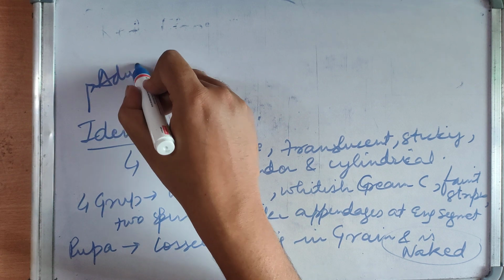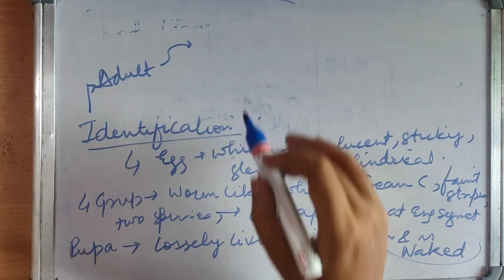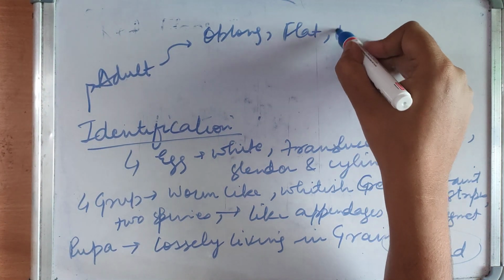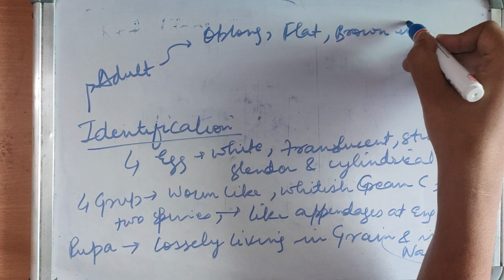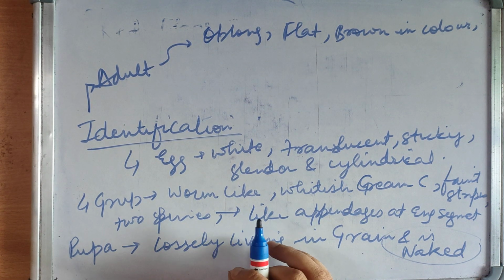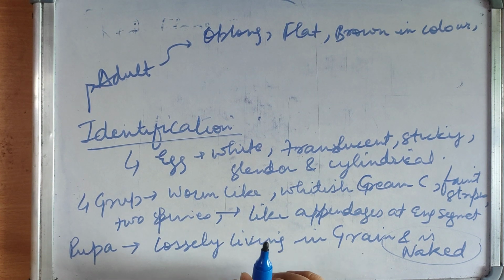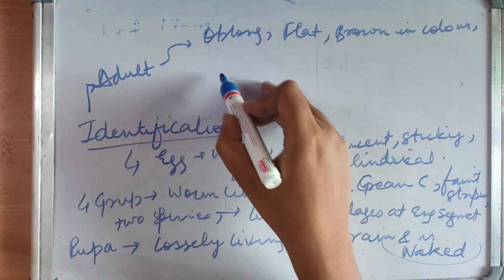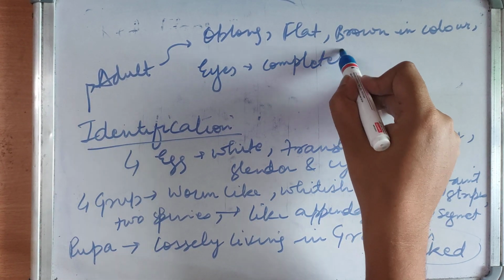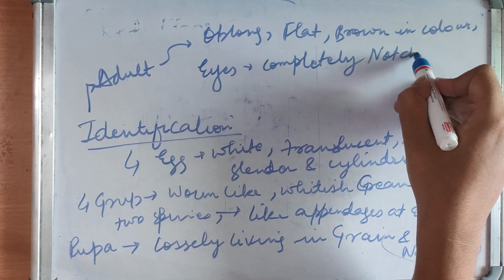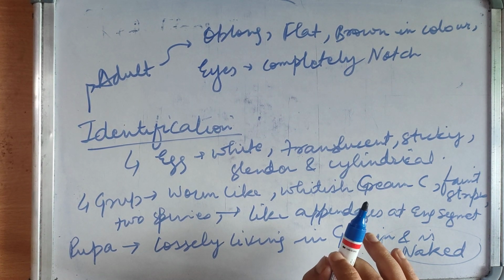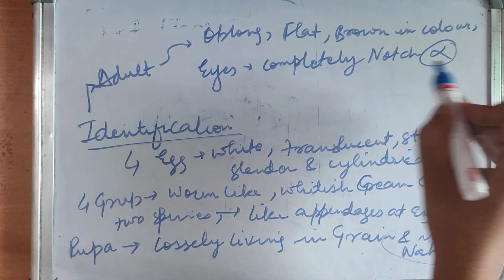Identification of adult. Adults are oblong, flat, brown in color. The compound eyes are completely notched, and vision is not clear.